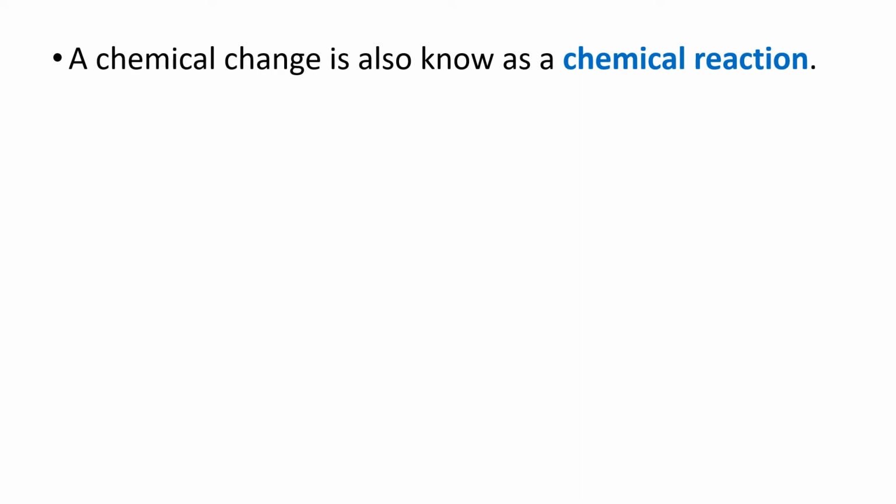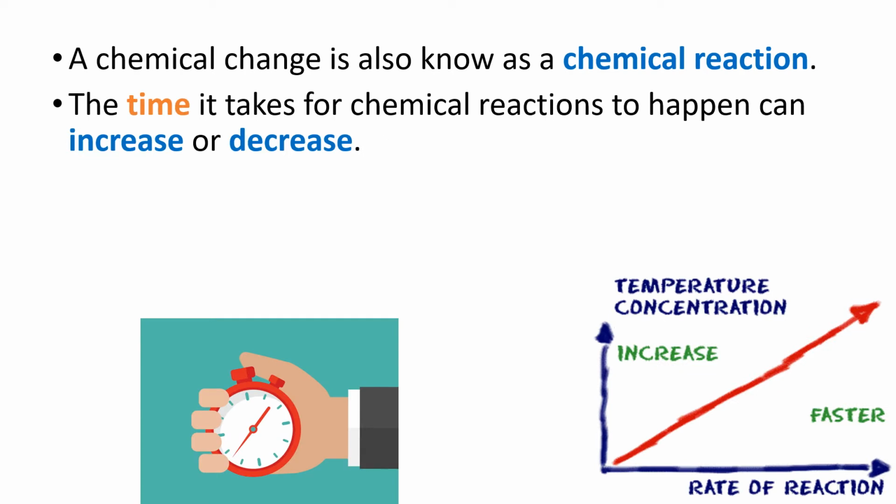Chemical change is also known as a chemical reaction because it is a reaction between more than one particle. And the time it takes for a chemical reaction to happen can increase or decrease, i.e. it can go faster or slower. Basically, if we think about the egg, cooking the white of the egg goes from clear to white.